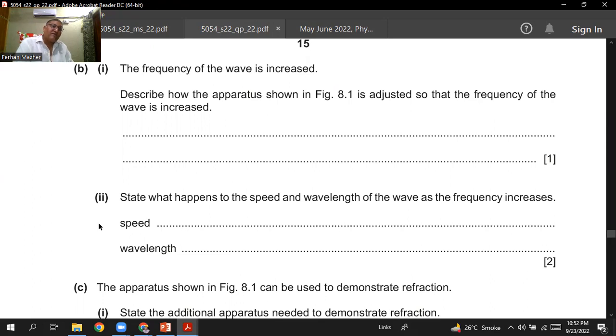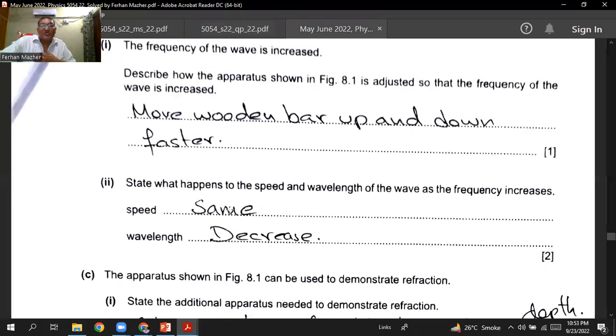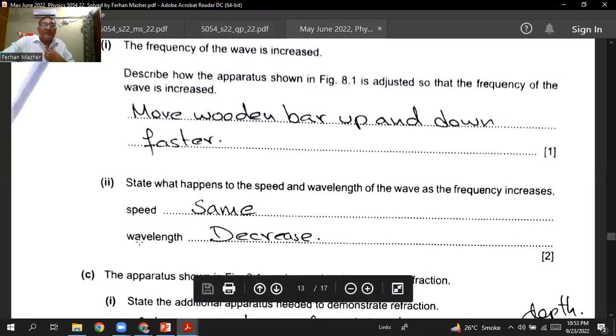Because when your frequency increases, your time period decreases, and if the wave is moving with the same speed, the wave will cover less distance in the same time, because the time required to complete one wave has decreased. So that's why the wavelength will decrease. The speed will remain the same.